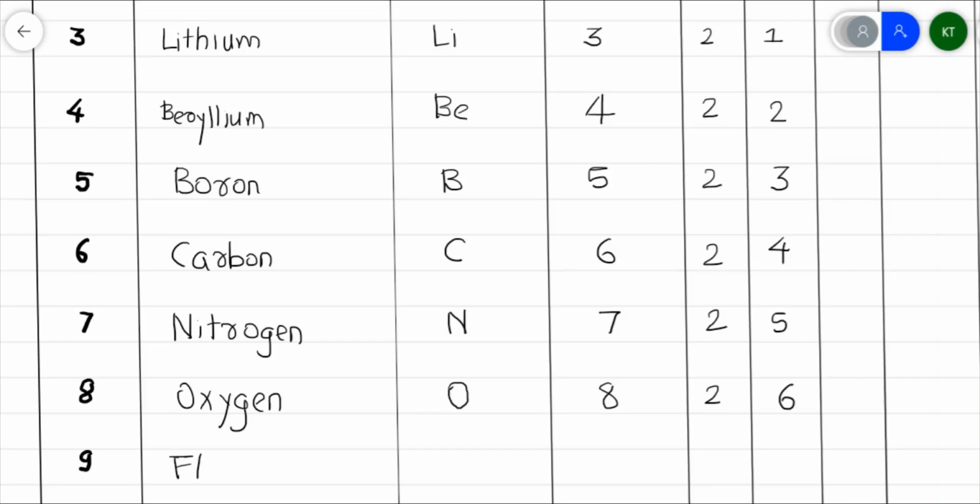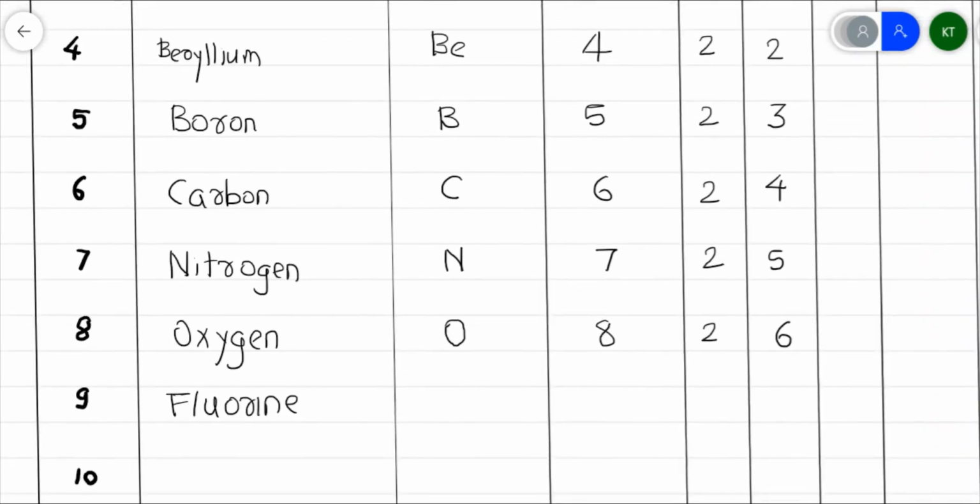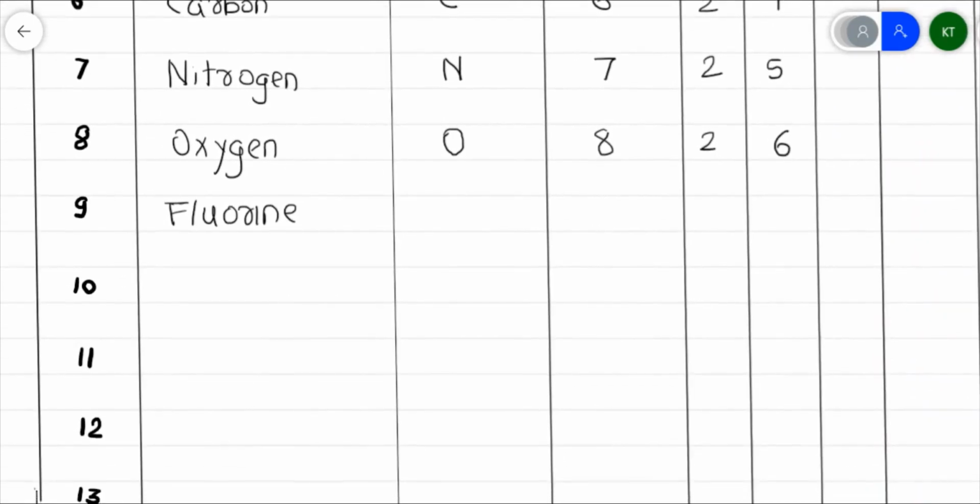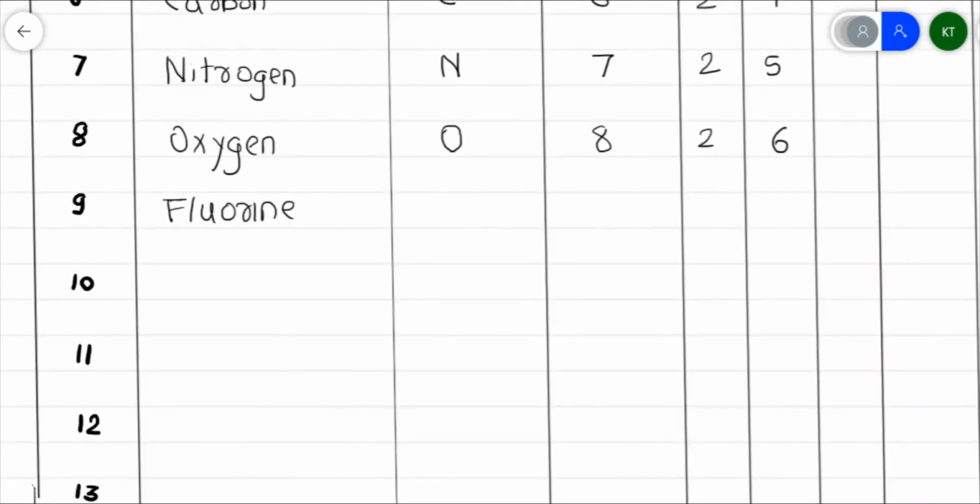Next is the most electronegative element, fluorine, the first element of the halogen series, symbol F, atomic number 9. First shell 2 electrons, second shell 9 minus 2, that is 7.